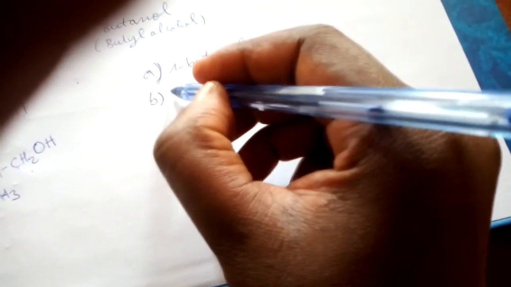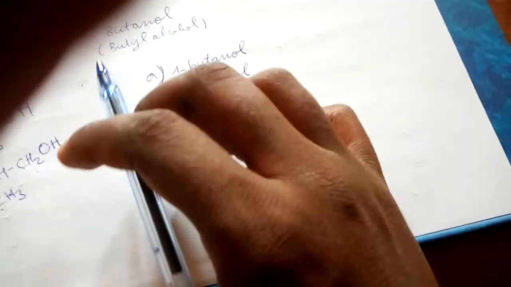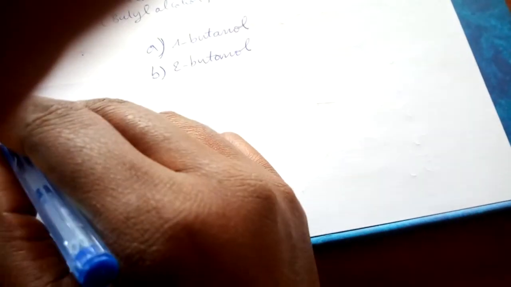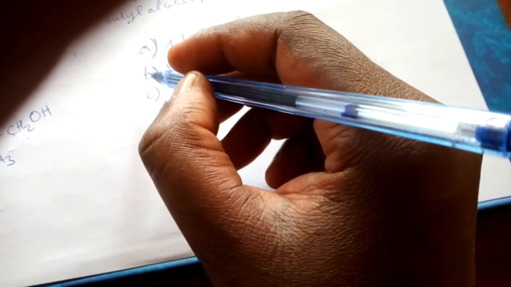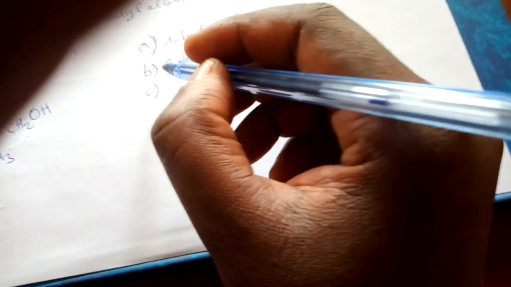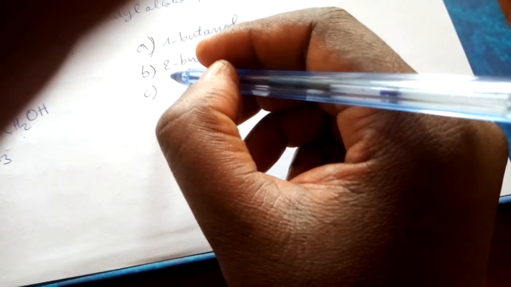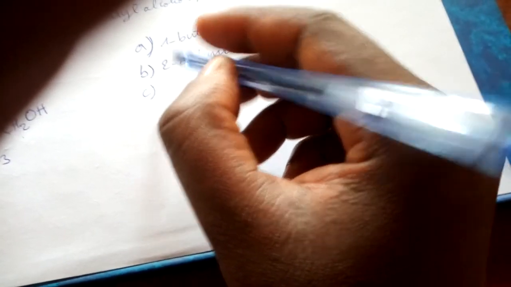On B, because we name from the end nearest the function, we can say 2-butanol. And on this one, the oxygen is connected to a carbon which is surrounded by 3 other atoms of carbon.